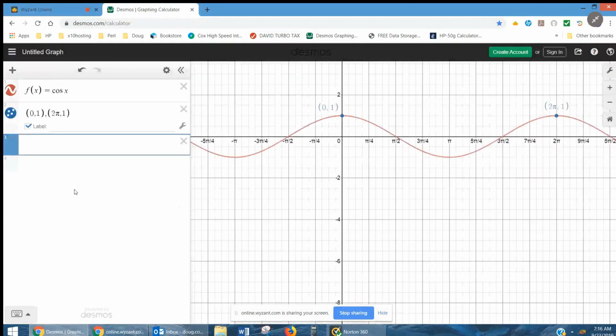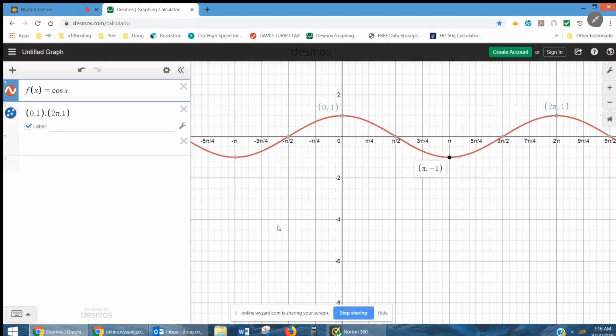Here's the graph of the cosine function, which has an amplitude of 1. I didn't put this point in here, pi, negative 1. And this is one period of the cosine function from 0 to 2 pi.